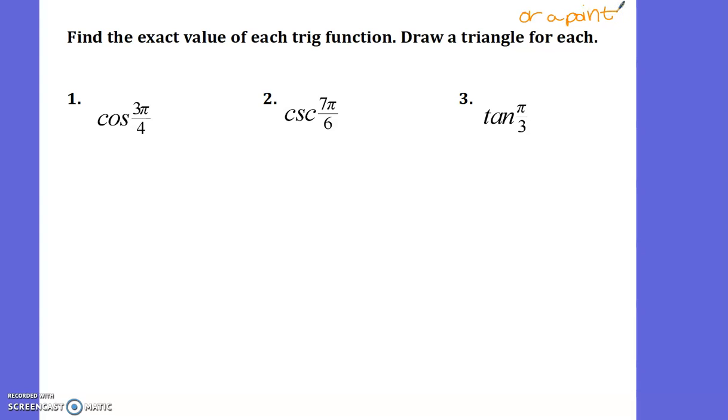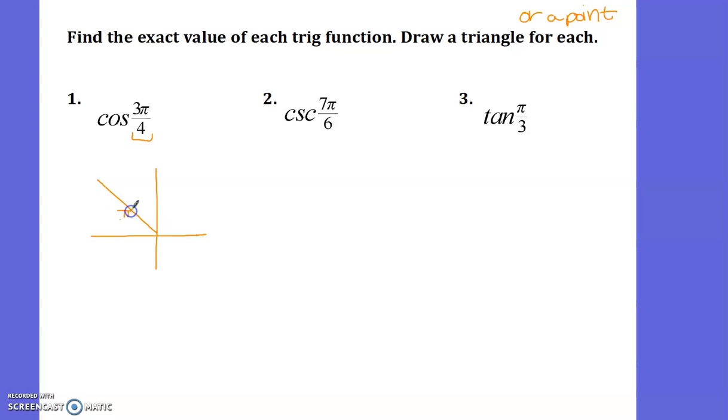Okay, so for number 1, this says cosine of 3 pi over 4. The first thing we do is construct this angle. If I place 3 pi over 4, that is going to fall in the second quadrant because I start here and I'm going counterclockwise to land right there.